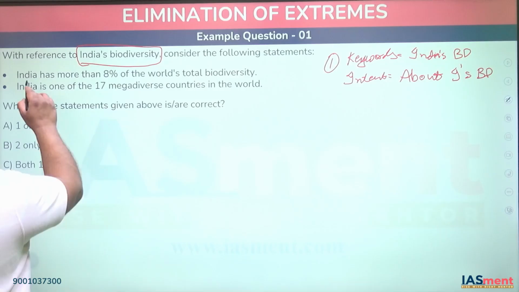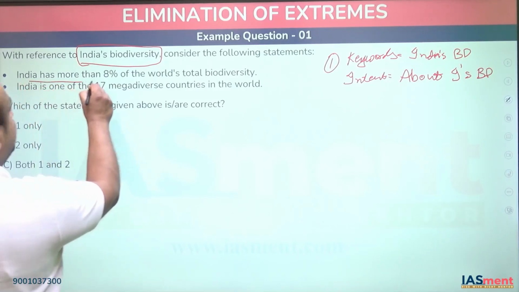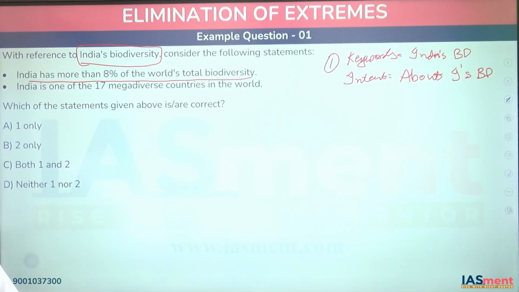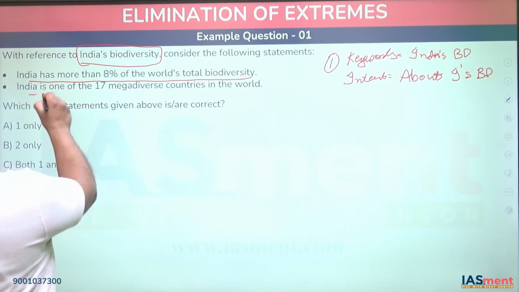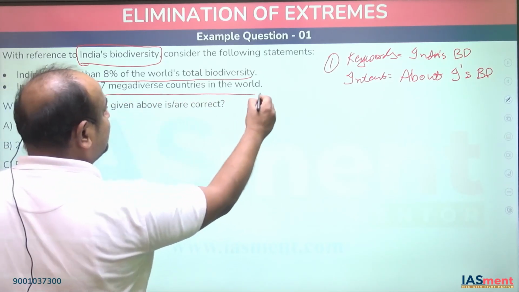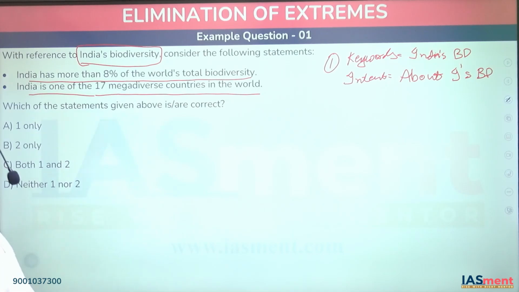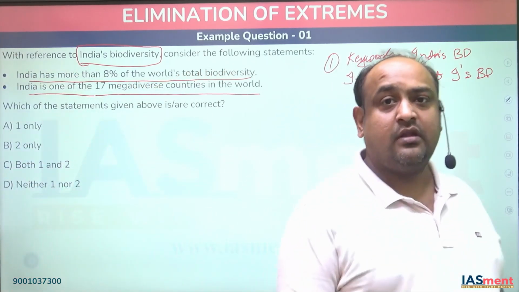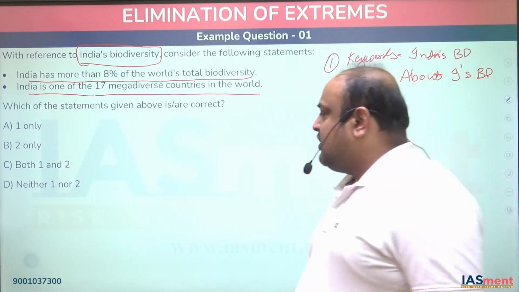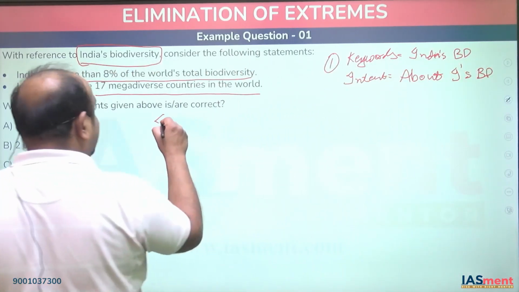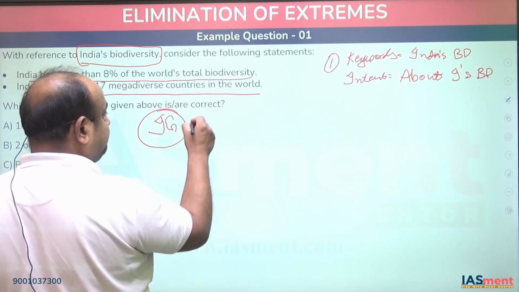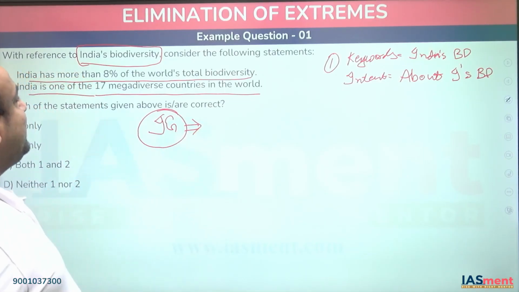Now see, first option is India has more than 8% of world's total biodiversity. India is one of the 17 mega diverse countries in this world. अब यहाँ पे एलिमिनेशन कैसे लगेगा? देखो हमें यहाँ पे इन्फॉर्म्ड गेस लगाना है. We have to apply IG.